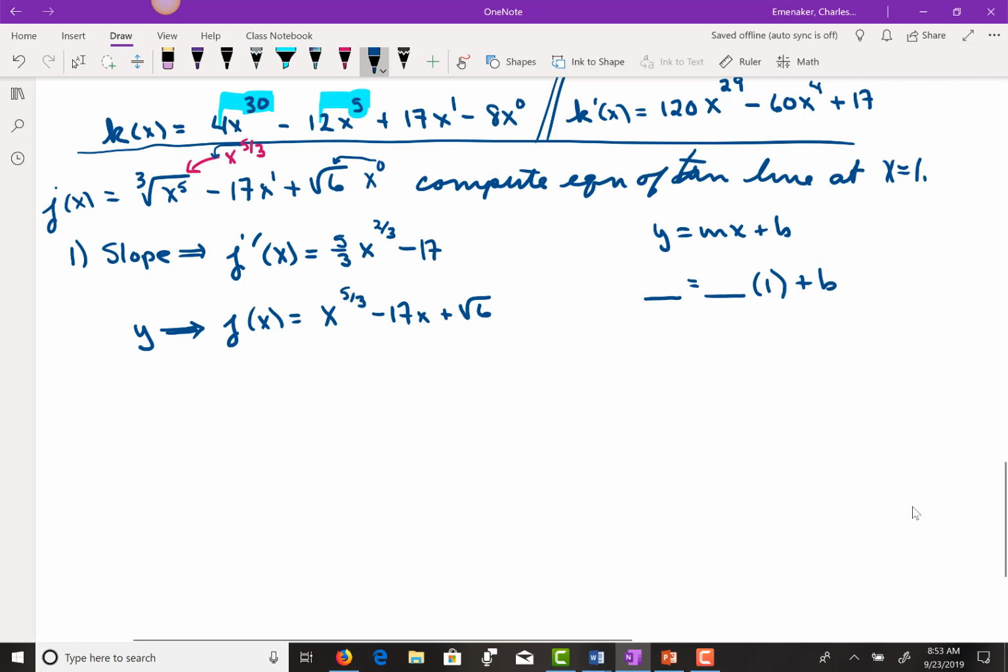You just plug in x equals 1, don't you? And what's 1 to the 5/3 power? 1. Well, that part's not too bad. The minus 17 times 1 is minus 17 plus the square root of 6. Yeah, that's not so pretty. So for the moment, I'm going to put minus 17 plus the square root of 6. That is the y value.